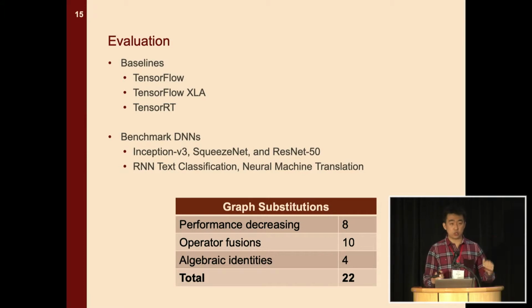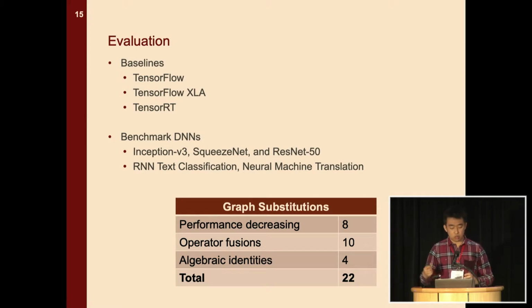This table shows statistics of our graph substitutions. We consider 8 performance-decreasing substitutions, which temporarily decrease your runtime performance but transform your graph to a new format. We also consider operator fusions that have been widely used in existing frameworks.